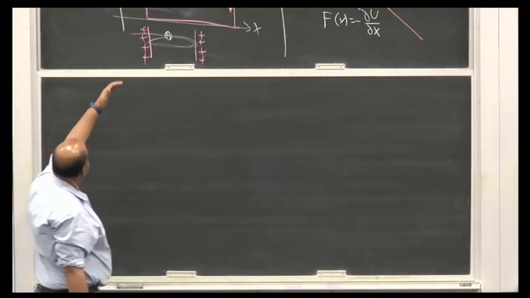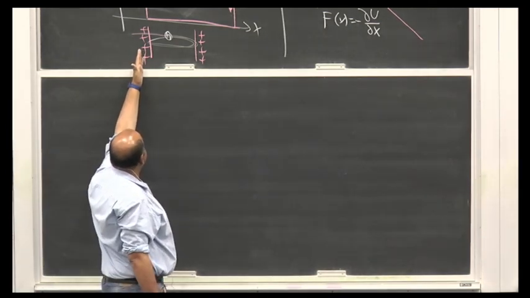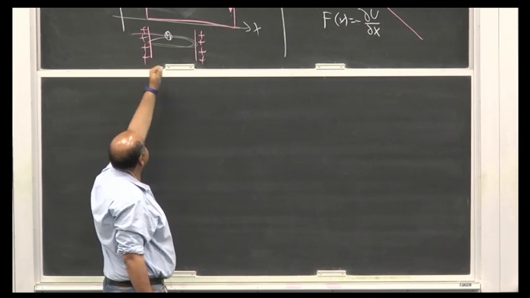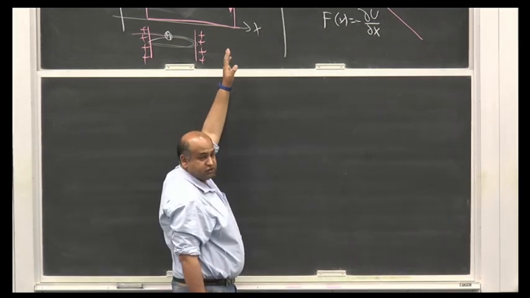So for this graph, you see there is a potential change here, so the force is only present here, and the potential change here, so the force is present only here.